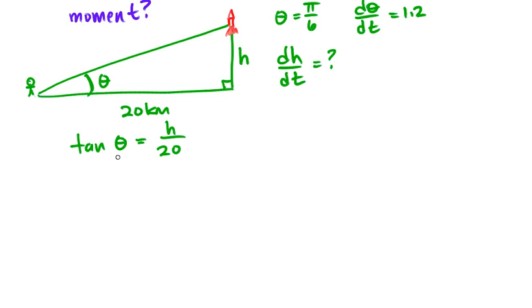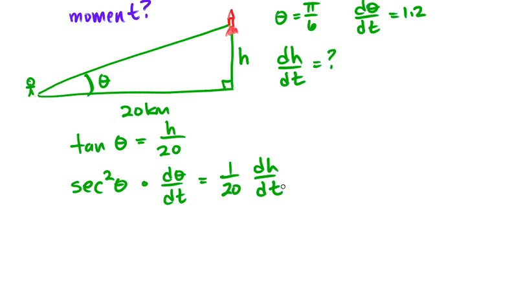The derivative of tan theta with respect to time is secant squared theta times d theta/dt. There's your implicit differentiation and chain rule. And on the other side, 1/20th is your constant, dh/dt. Now I can substitute in the information that I know.